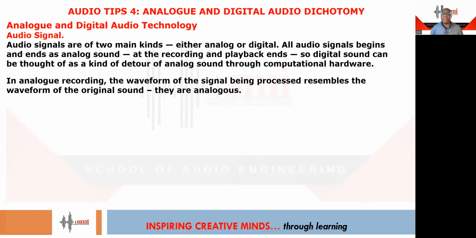So the signal we term as analog has its origin from the sound wave that we capture through our microphone. During that capturing, what we have captured is a true representation that resembles the original waveform from the source. That is why they are analogous to each other.